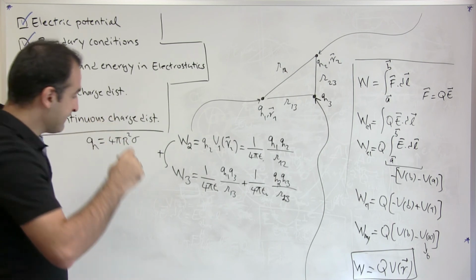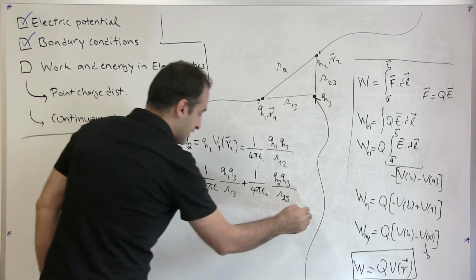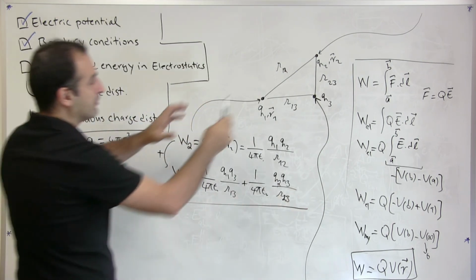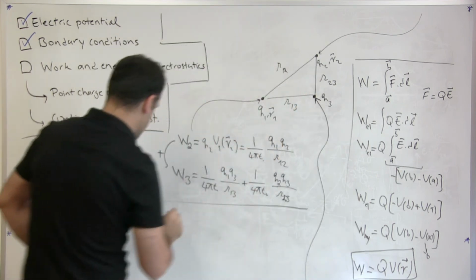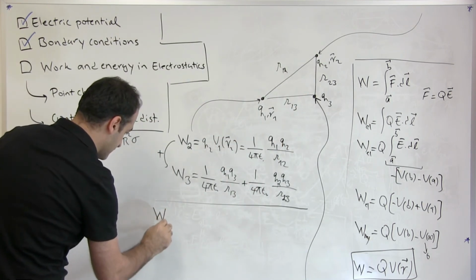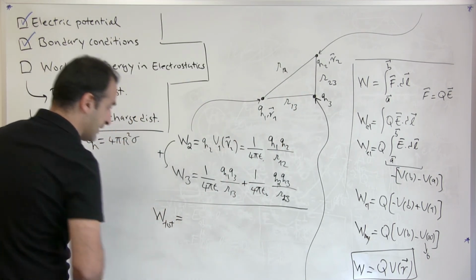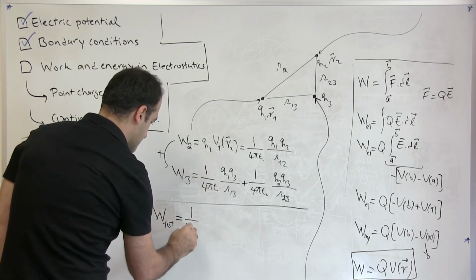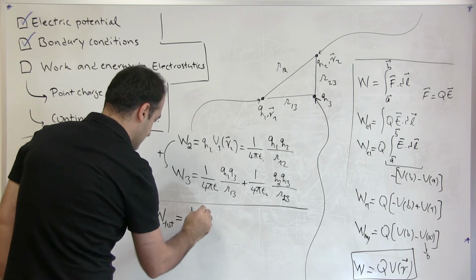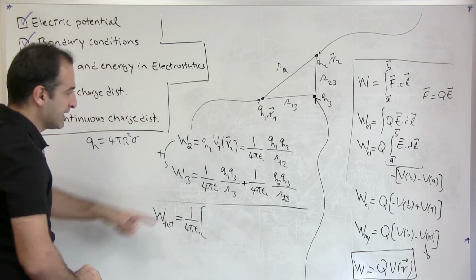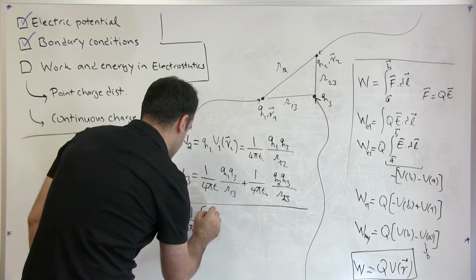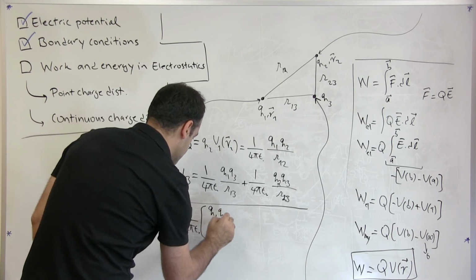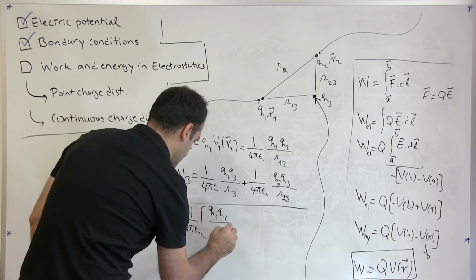Okay, if we look at the total work, let's look at this work for 3 of these charge distributions, and I'm going to say work total. I'm going to pull out the 1 over 4 pi epsilon 0 factor. So I'm going to write this like this. And then what I have here is Q1, Q2, R12.